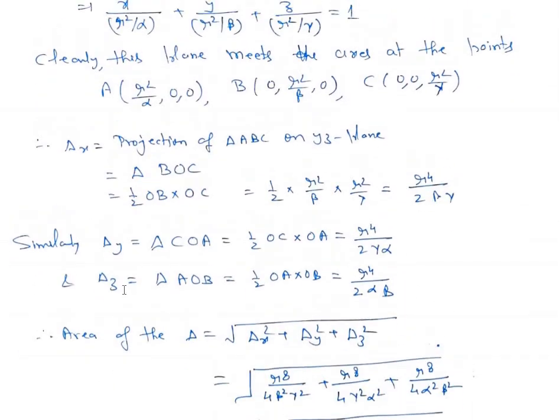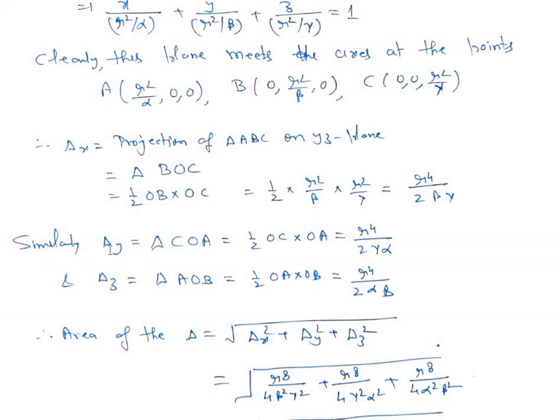Now we find delta x, delta y, delta z. Delta x is the projection of triangle ABC on the yz plane, which is triangle BOC, which is half OB into OC, which is half into r square upon beta into r square upon gamma. So this is r to the power 4 upon 2 beta gamma.